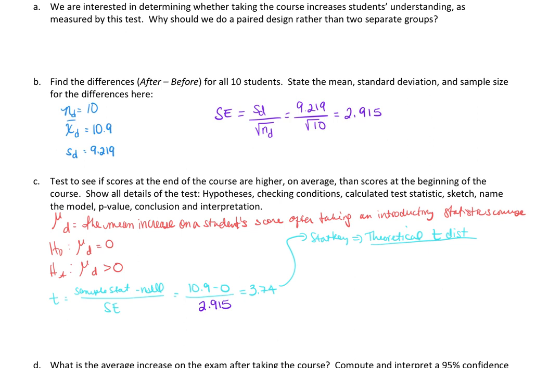So go to the theoretical t distribution, and our degrees of freedom is going to be n minus 1, so it's going to be 9. And then we'll use a right tail test, and we'll plug in t equals 3.74. And when we do that, we get a p-value equal to 0.0023.